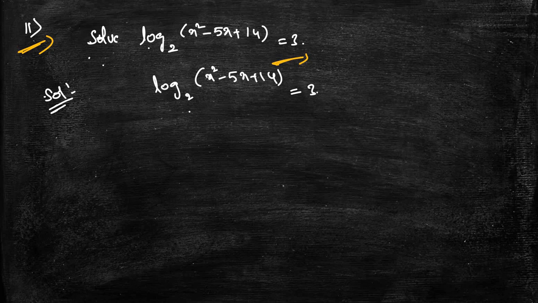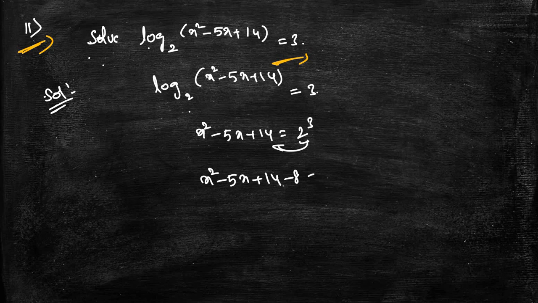I will bring this 2 to this side, and x square minus 5x plus 14 is equal to 2 to the power of 3. So log changes into a power like this. 2 to the power of 3 is equal to 8, so x square minus 5x plus 14 minus 8 is equal to 0. This becomes 6. Now x square minus 5x plus 6 is equal to 0.